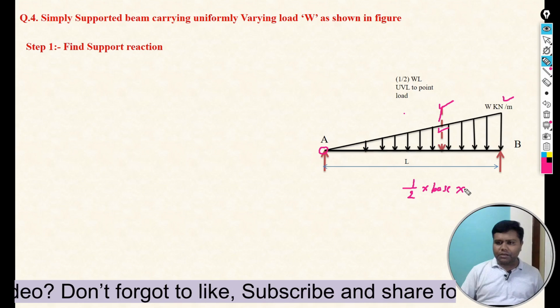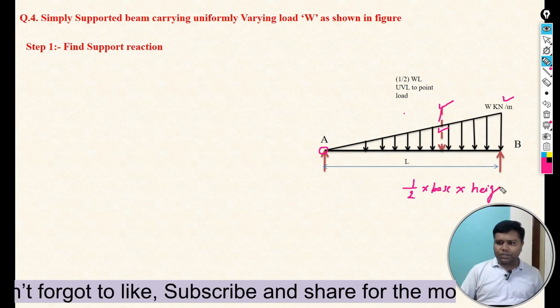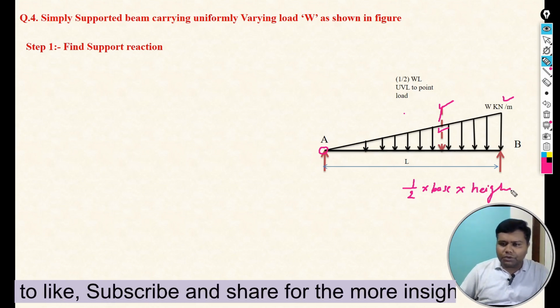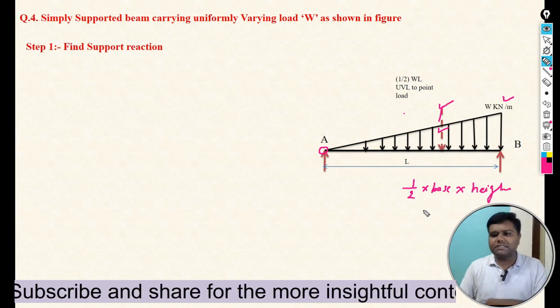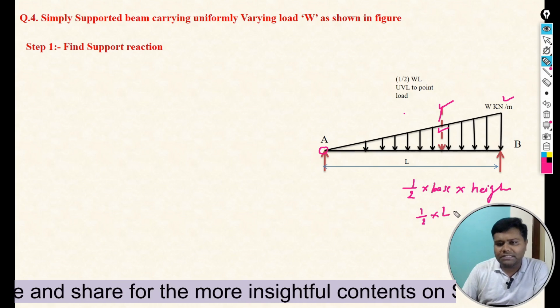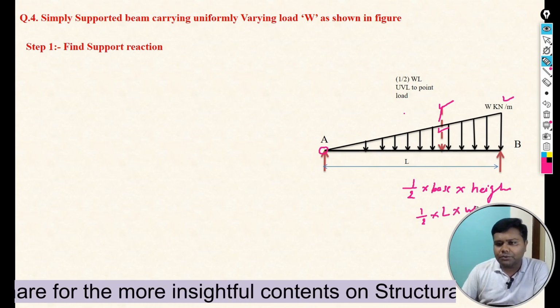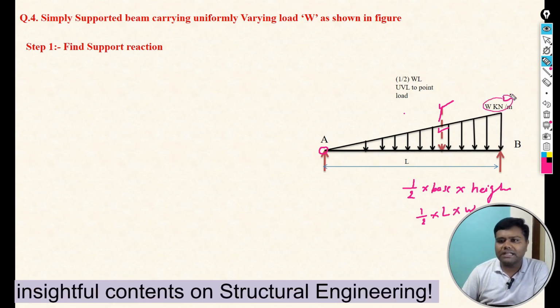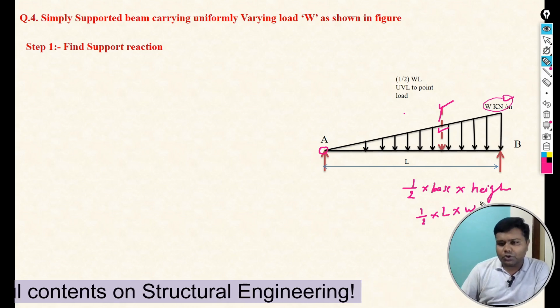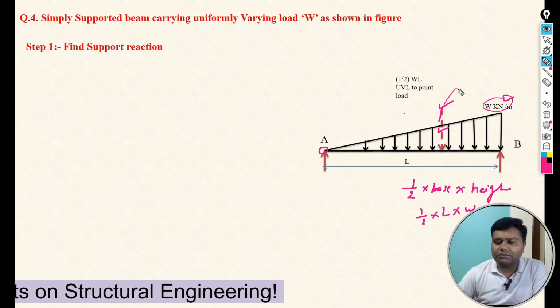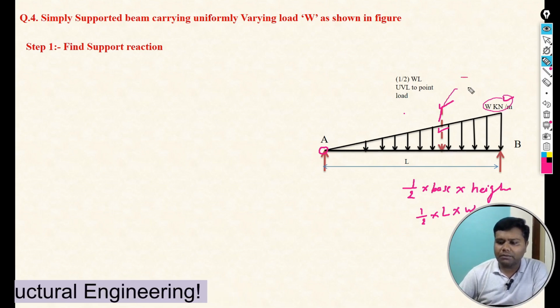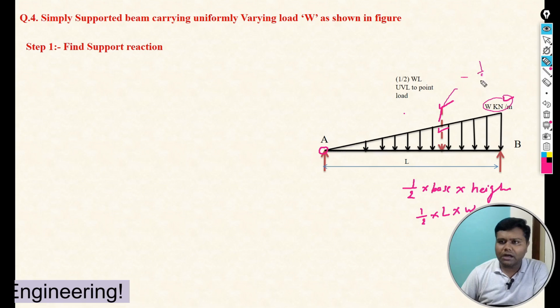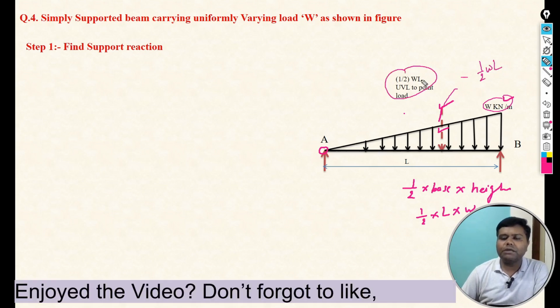The base is L, and the height is W. So the point load we are converting to is 1/2 WL. We have written it here: 1/2 into WL, UVL to point load.